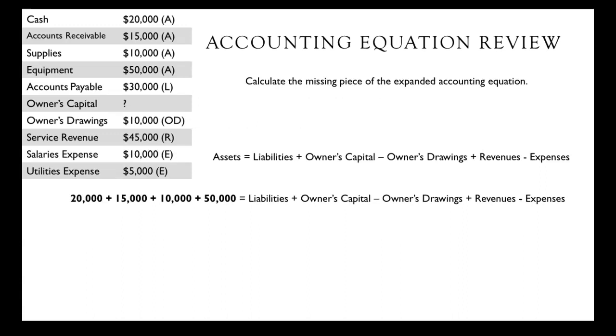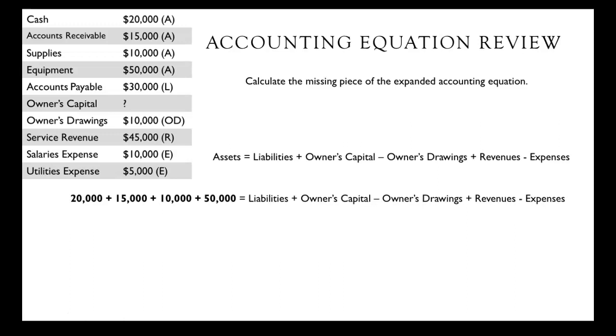So the first step that we're going to do is plugging in all of our assets. So we have our cash amount of 20,000, accounts receivable of 15,000, supplies of 10,000, and equipment of 50,000. So you'll see that all of those added together will be the amount for your assets, because those are all of the assets that we have.